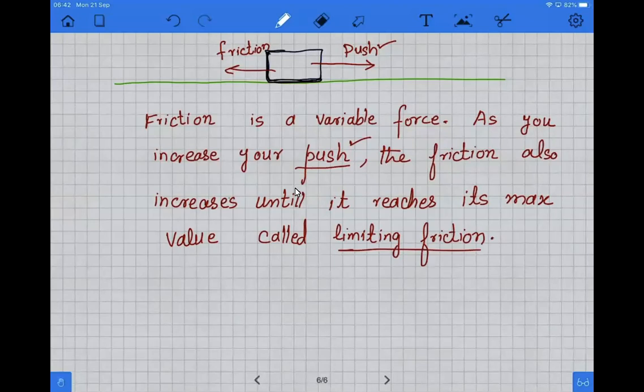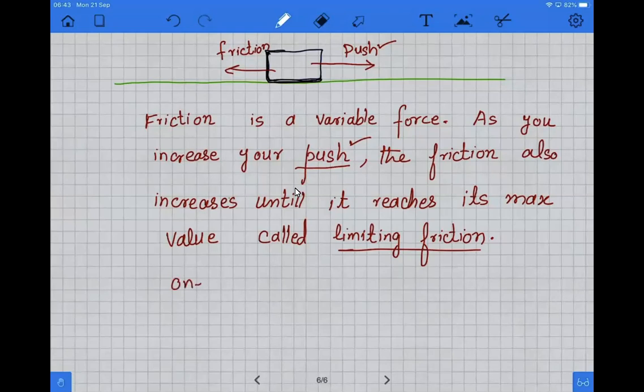So if you increase your forward push, the friction will go on to increase, and when it reaches its maximum value, then if you increase the push further, that is when the motion will start, and once the motion has started, the friction will remain constant. It cannot change further.